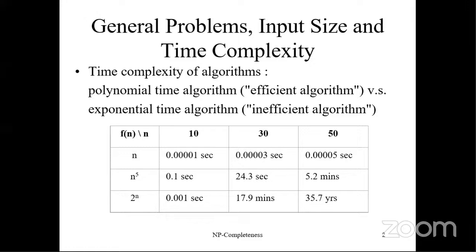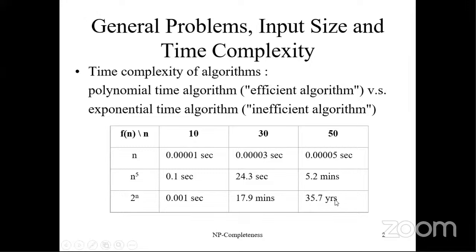So if you look at what we have here, this is the linear time, this is the polynomial time, and 2 to the power n is the exponential time. You see that for the linear time, at the input size 50, you have 0.000005 seconds. The polynomial time is 5.2 minutes.